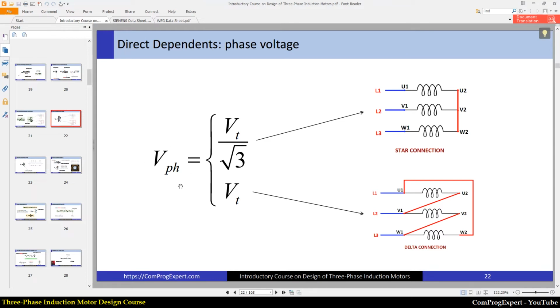The next one is the phase voltage. The phase voltage is equal to the terminal voltage divided by sqrt of 3 for a star connection. And as you know, for the delta connection, the value of phase voltage is the same as the terminal voltage, right?